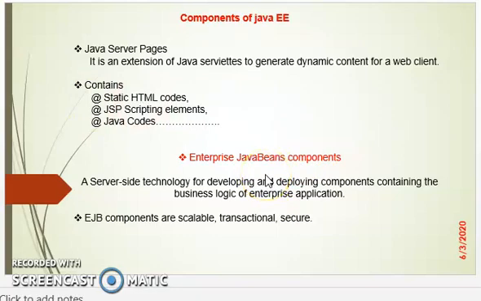Enterprise JavaBeans components. The enterprise JavaBeans architecture is a server-side technology for developing and deploying components that contain the business logic of an enterprise application, scalable, transactional, and secure.